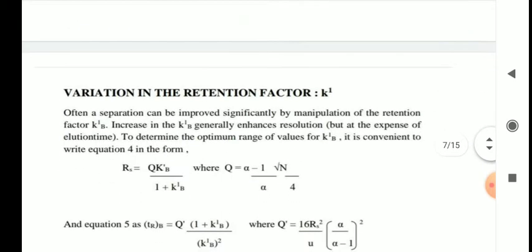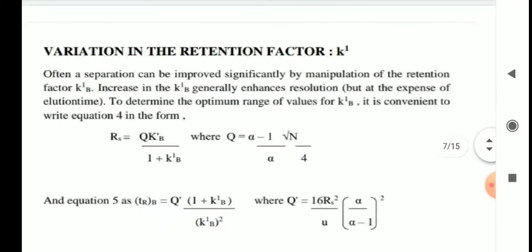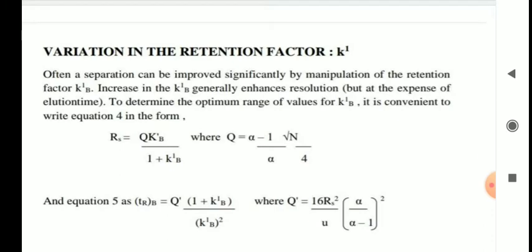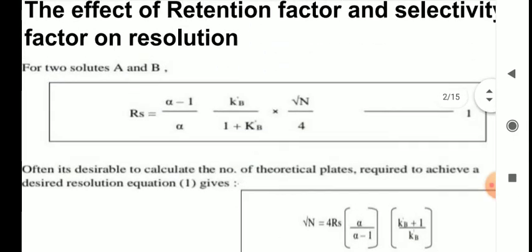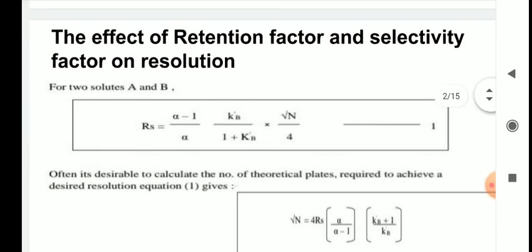The third factor which can increase the resolution is the retention factor. Now if you look at the first equation, the resolution is given by alpha minus 1 upon alpha, k dash b upon 1 plus k dash b, into square root of n by 4.